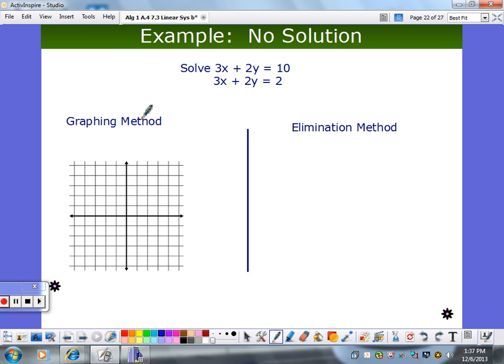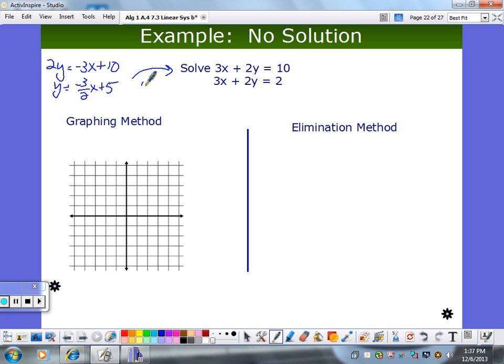So we're kind of looking at those examples here. We're going to use the graphing method and elimination method on this system. Remember the graphing method? I need y equals, right? So I can graph. The first one, I subtract the 3x to the other side and I divide by 2. That's this equation, the top one.